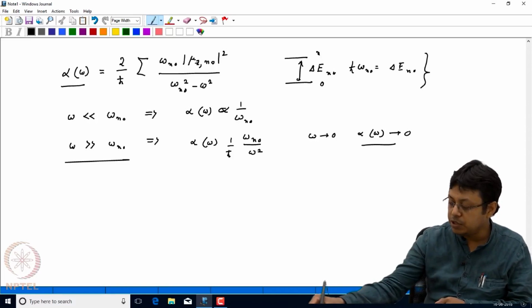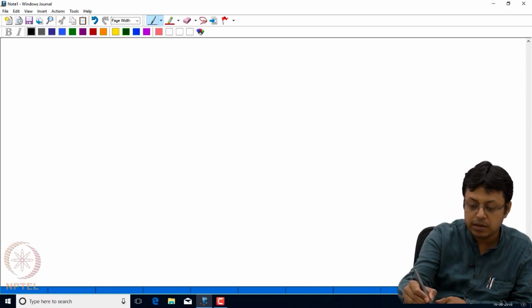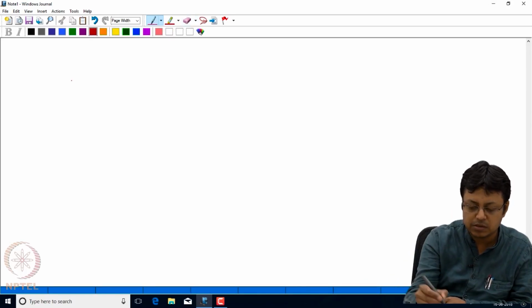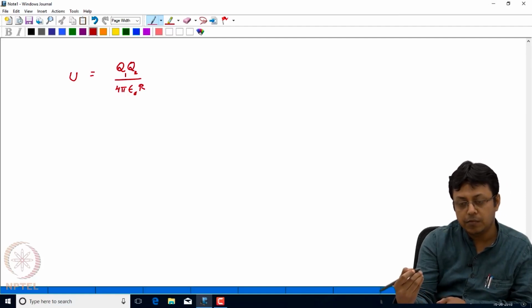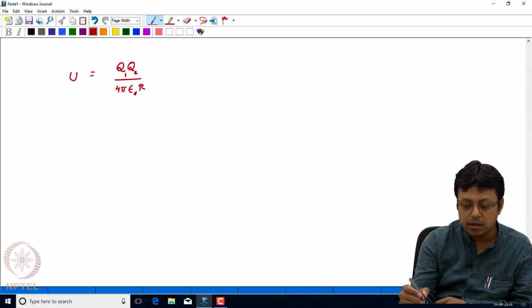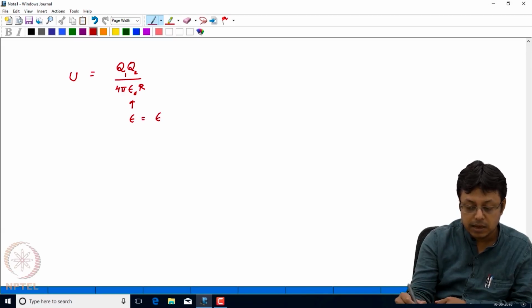Now you know that potential energy, which is commonly written as V but we can write as U, between two charges is Q1 Q2 by 4 pi epsilon 0 R, but that is the energy in vacuum. Now in a medium, I have to replace this epsilon 0 by epsilon, where I can write epsilon as epsilon R times epsilon 0, where epsilon R is the relative permittivity.